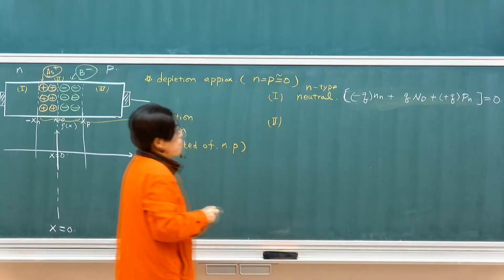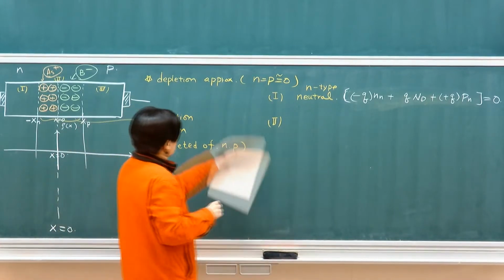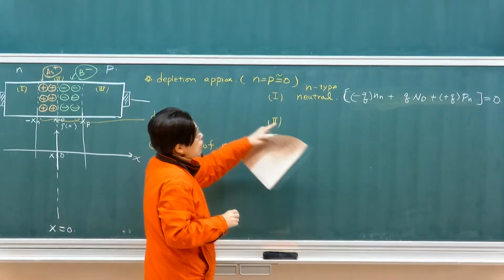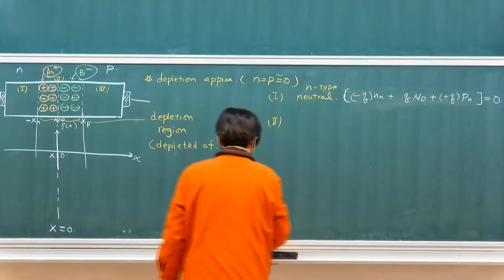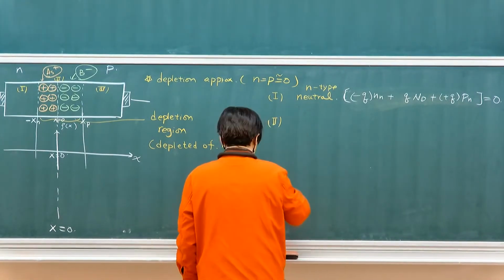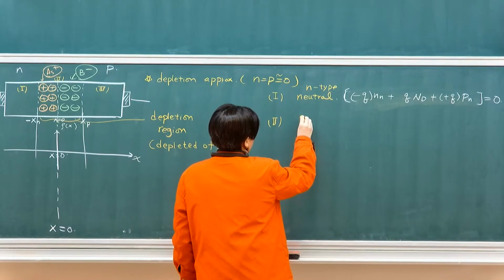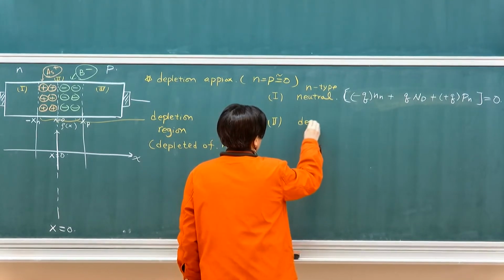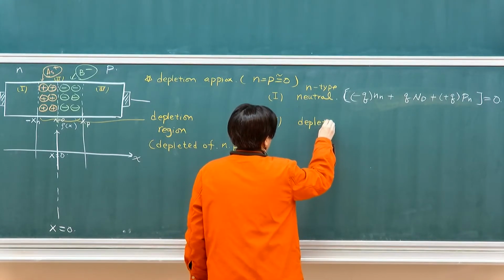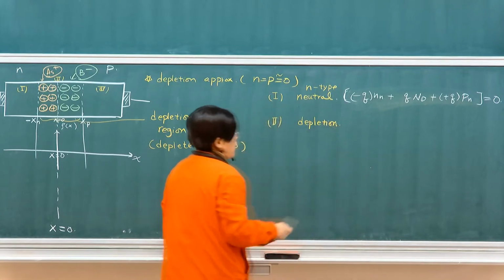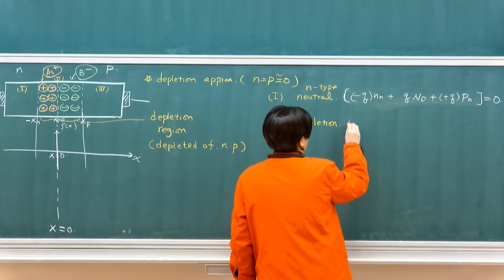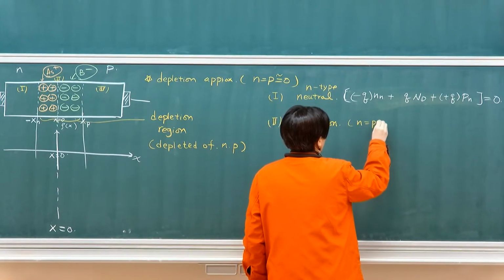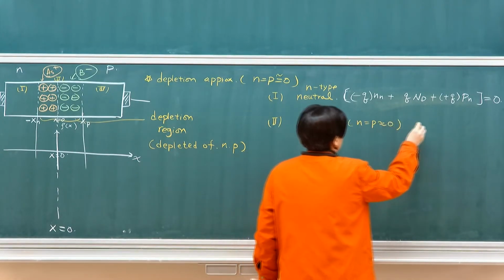In the second region, we use the depletion approximation. There are no electrons and no holes. This is zone 2, the depletion region. If we assume that all of the carriers are depleted, pulled away, then n equals p approximately equals 0.